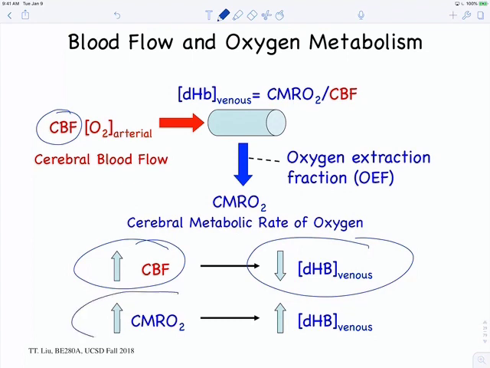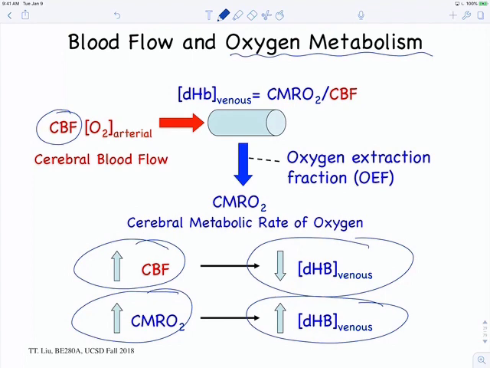But the other thing that happens is there's something called CMRO2, which is oxygen metabolism. That's what we expect: the brain is using up oxygen, and therefore there's going to be more deoxyhemoglobin. So there are two competing factors. CBF is delivering more oxygen, which makes deoxyhemoglobin go down, and metabolism is using it up.